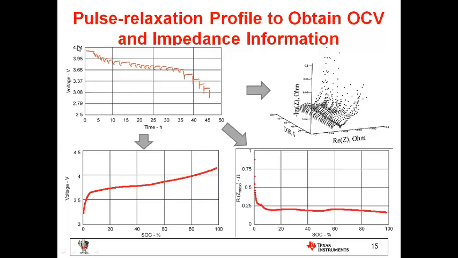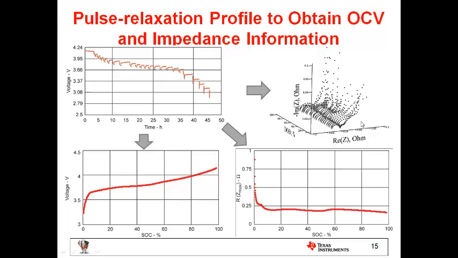So this kind of discharge relaxation profile test allows us to collect both the static data, like open circuit voltage and low frequency resistance for different state of charge, but also dynamic data, such as impedance spectra over a wide frequency range.